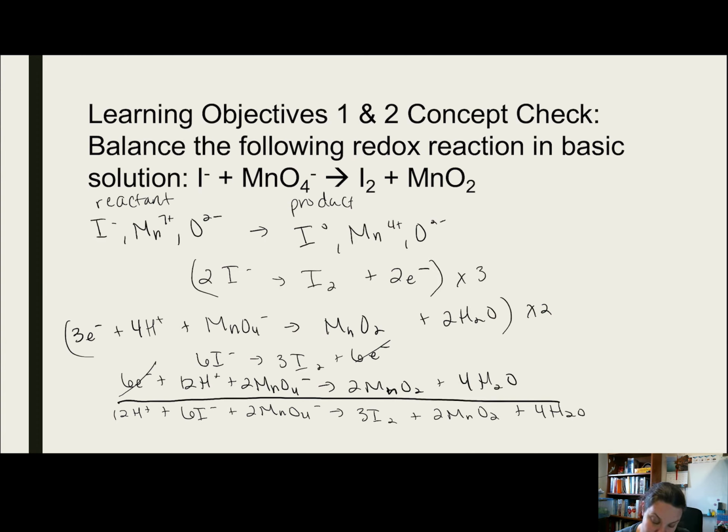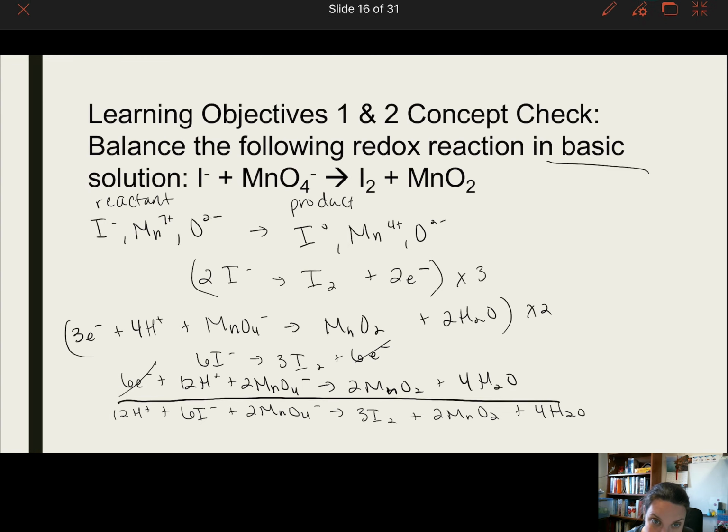And again, if we were in an acidic solution, we would be good, but now we are in basic, so let's see how that's a little bit different. To rewrite this, oh, excuse me. This should be 8.